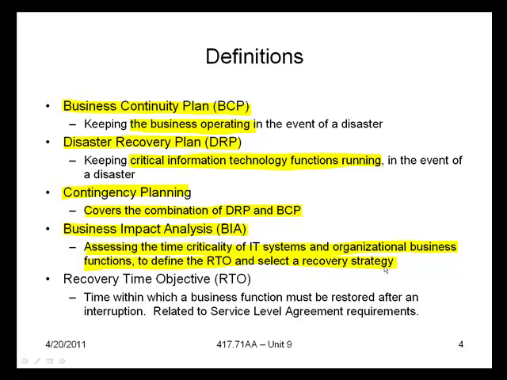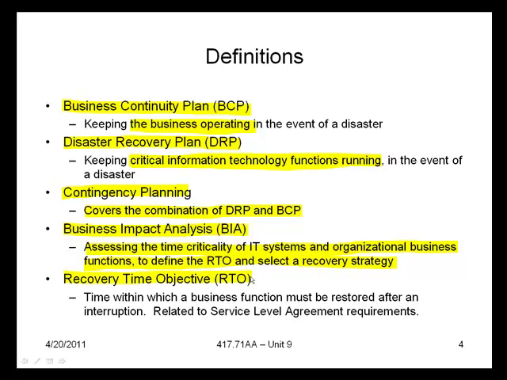When a disaster happens, every minute after a critical IT process or critical business function is shut down, it costs you money. How much money and how quickly? That's the object of the business impact analysis. If you're shut down 20 minutes, 4 hours, 2 days, what is the economic impact to your business? Because that helps determine what sort of strategy you should follow in terms of recovery.